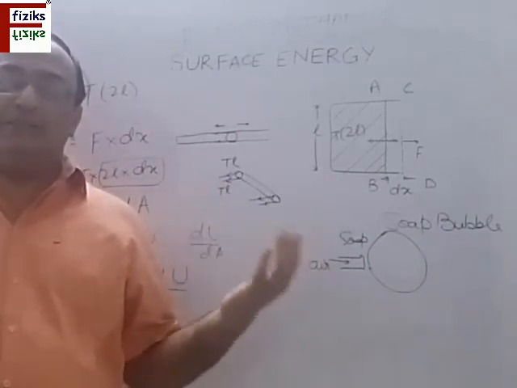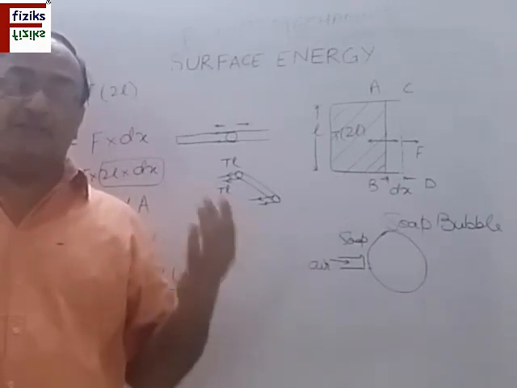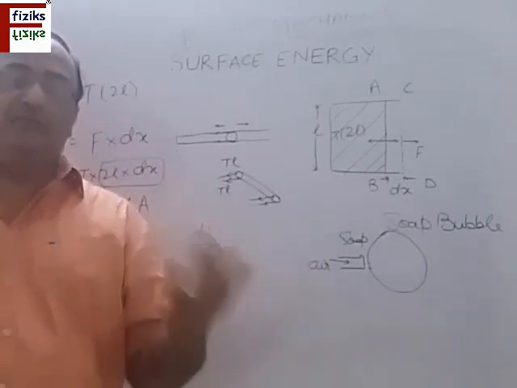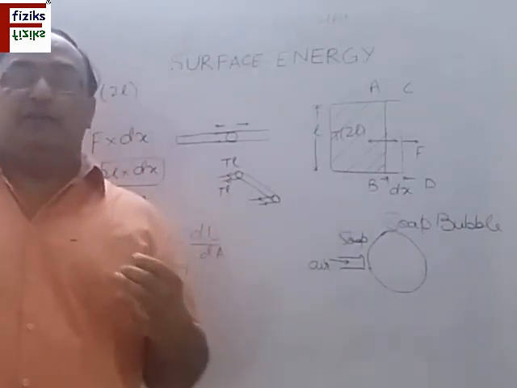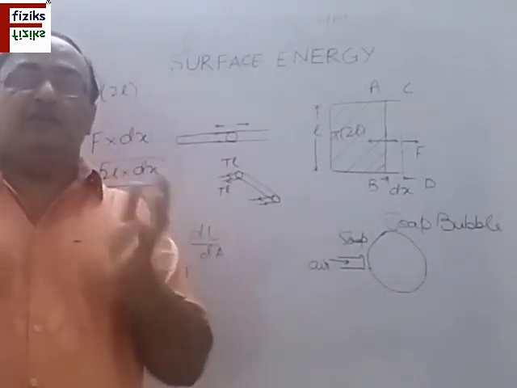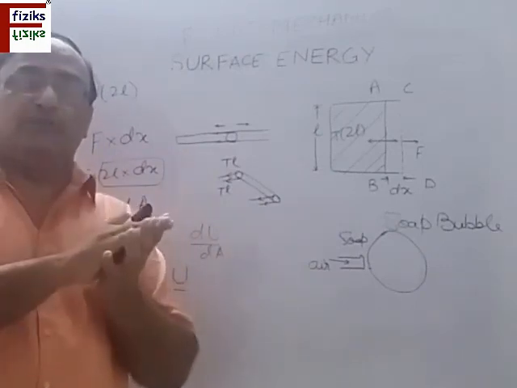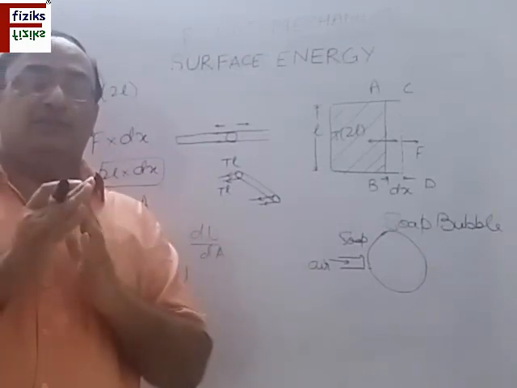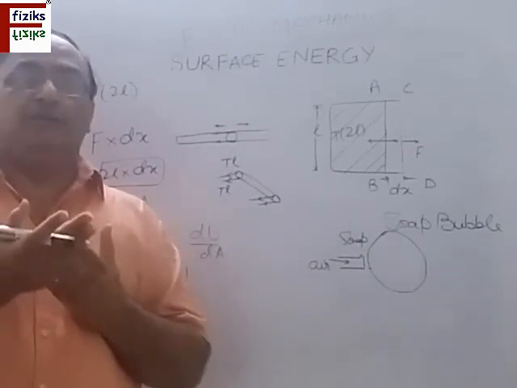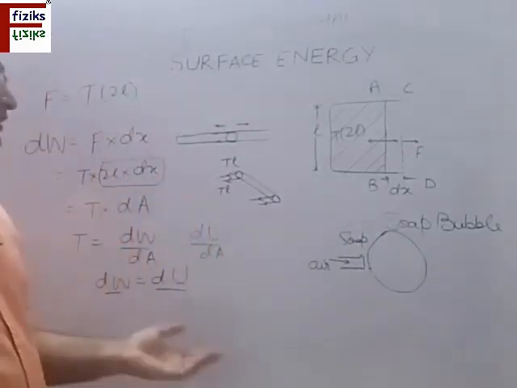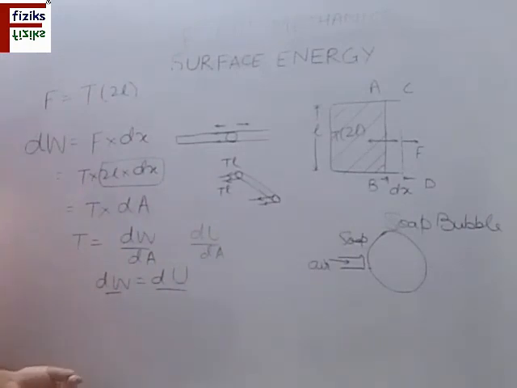So as a result, the surface energy will be stored inside this. So work has to be done. And if I combine several smaller droplets into one, then the surface area will be decreasing and the energy will be released. So this is the concept of surface energy. So please note it down.